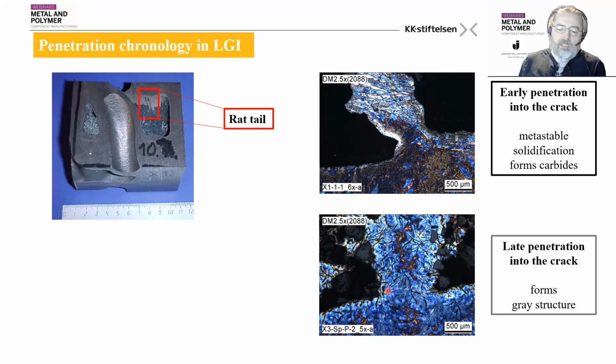So it indicates slow solidification, and this must happen late when the sand temperature was quite high and contributed to normal, slow solidification.